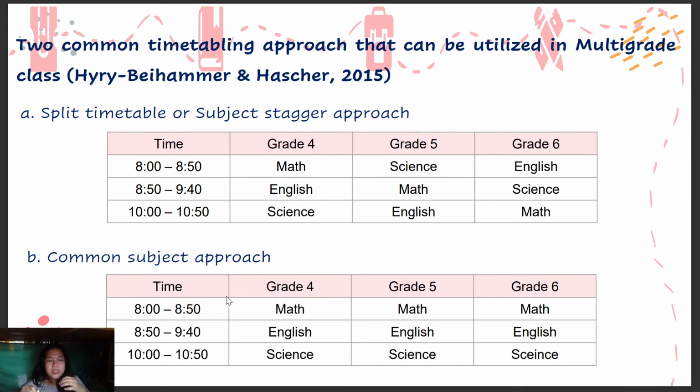Sa grade 2, 3 digits na place value, aalamin nila. That is ones, tens, hundreds. Sa grade 3, bale parang 4 or 5 digits ang aalamin nila. So, that is an example of different activities or different difficulties, but the same subject pa rin. It's all about math. Ayan. So, that's the difference between split timetable and common subject approach.